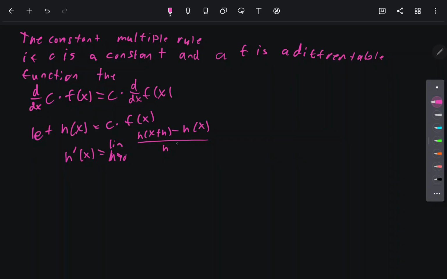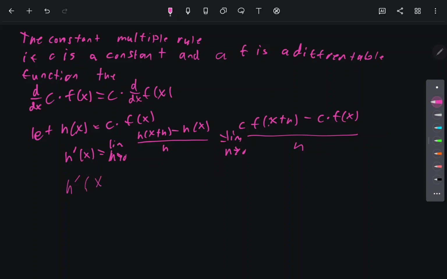Well, we know that h of x is going to be equal to c times f of x plus h minus c times f of x all over h. And we're still taking the limit as h approaches 0. Okay.